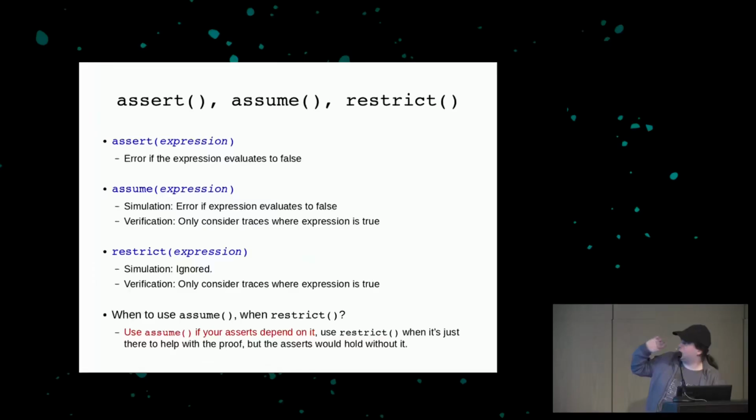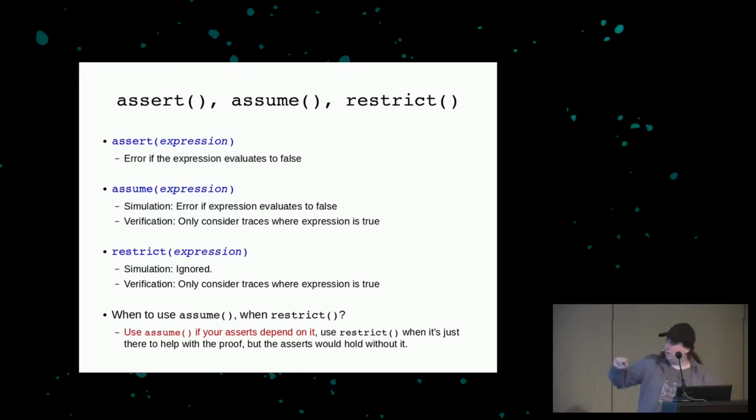However, there is a little difference in the circumstances when you use assume and when you use restrict. Assume you use when your assertions depend on it. When you say, well, if this assumption doesn't hold, then I really don't care about the assertions, because if, for example, these two lines are asserted both at the same time, then my core will go into some crazy state, because I wrote my core under the assumption that the peer I'm talking this protocol to will actually adhere to the protocol specification.